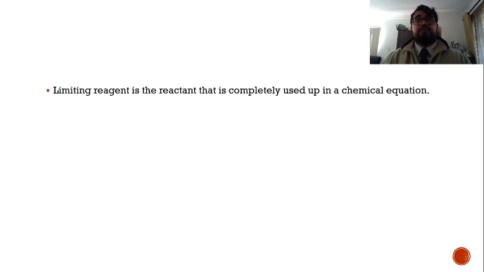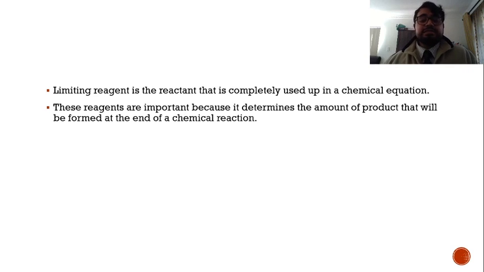We could have all the oil in the world, but we need one potato for one packet of Simba chips. So our potato becomes the limiting reagent to that reaction. I hope you clearly understood that. These limiting reagents are important because they determine the amount of product that will be formed at the end of the reaction.